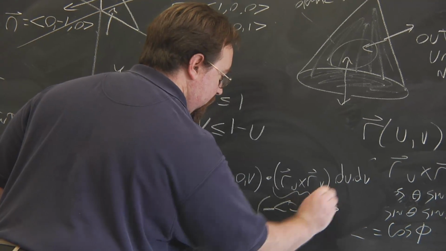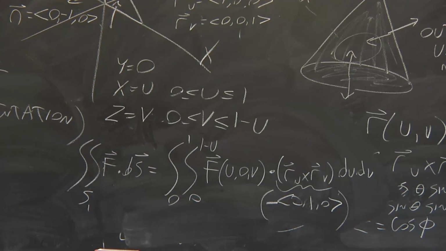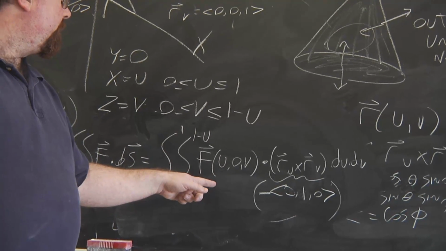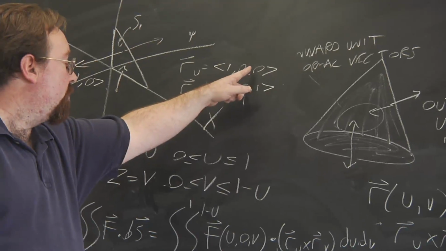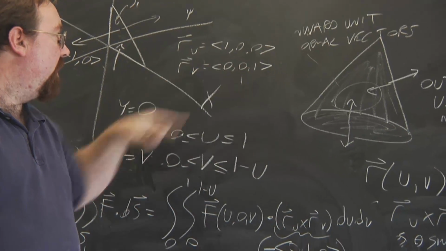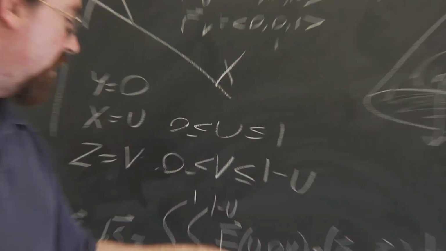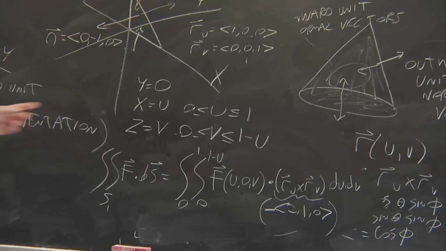So that's your normal vector, your outward normal vector. In fact, if you compute the cross product, you'll find that is what you get. So it's just going to pick off the y component of this vector field, at least for this side.